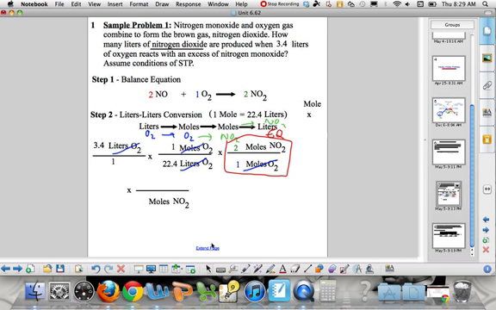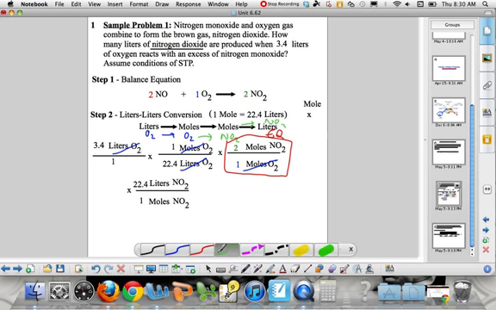And we know that conversion because we just used it before. 1 mole is equal to 22.4 liters. So let's put my liters up on top, and label that liters of NO2. It says 1 mole is equal to 22.4 liters, so the 1 goes next to the moles in my conversion, and the 22.4 goes next to the liters. And now what I've done is I've converted my moles of NO2 into liters of NO2.